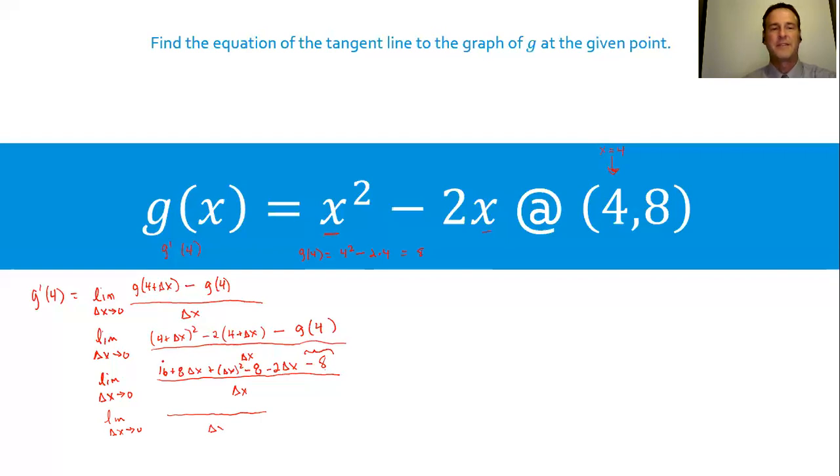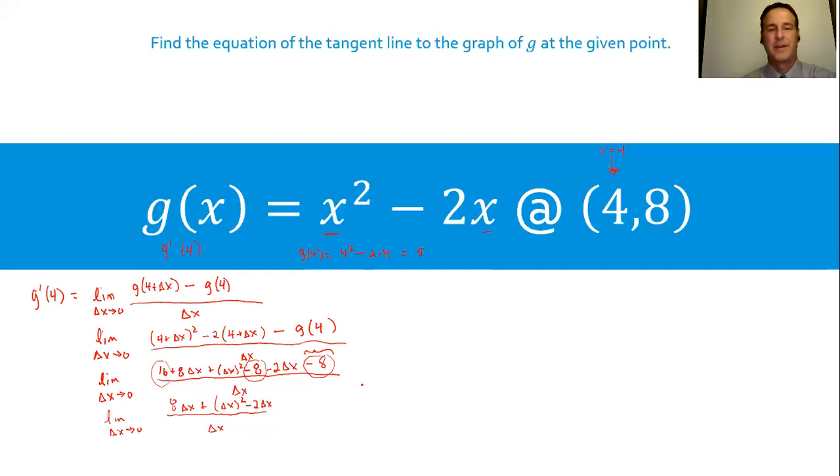I have 16 here, I have a subtract 8, which gives me 8, minus another 8, which gives me 0. So those will go away. And it leaves me with 8 delta x plus, in parentheses, delta x squared, minus 2 delta x.